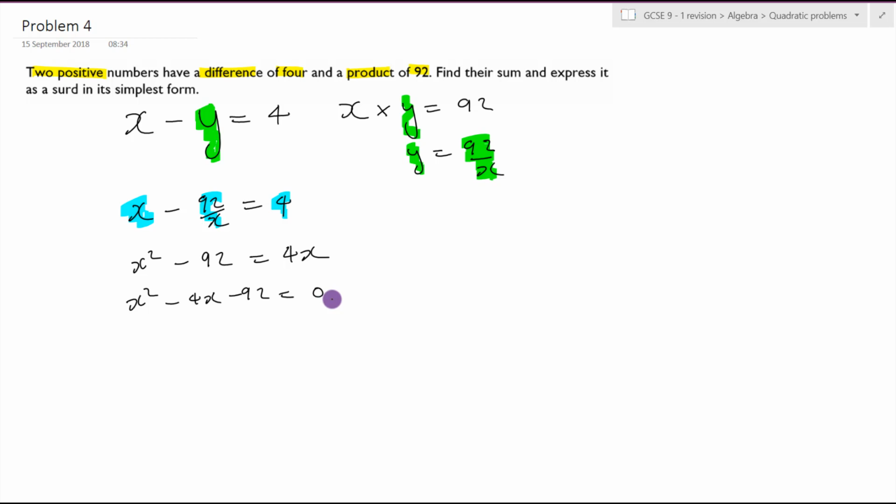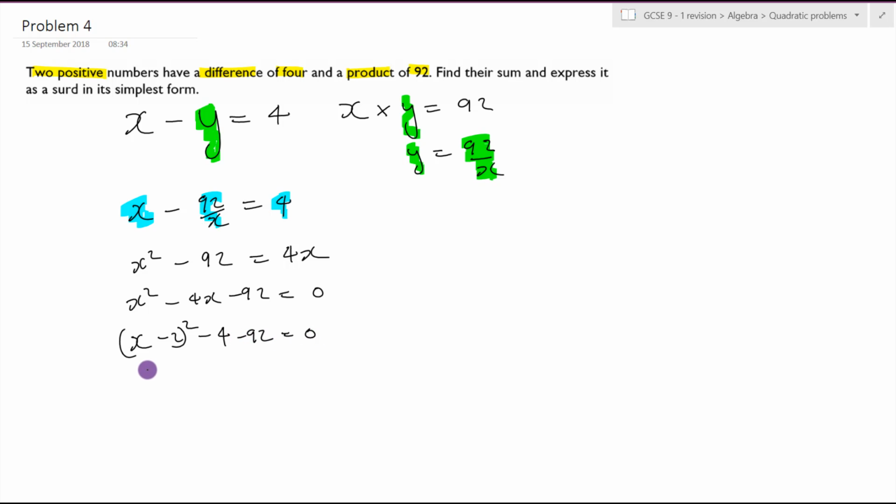Now, when you've got questions which say find it as a surd in its simplest form, it's usually a good idea to try and complete the square. If you've got more than 1x squared, divide throughout and simplify. But we've only got 1x squared, so we can complete the square. So we get x, and we halve this number, remember, to go in the brackets. And I'm going to take this squared away, so I'm going to take 2 squared away, which is 4. And then I'm going to add this minus 92 on the end.